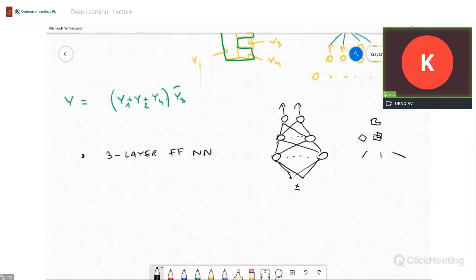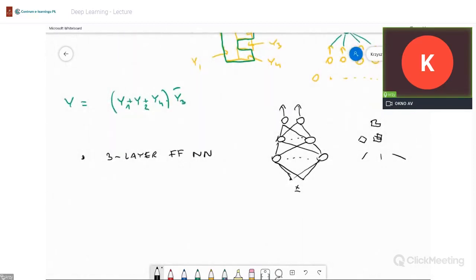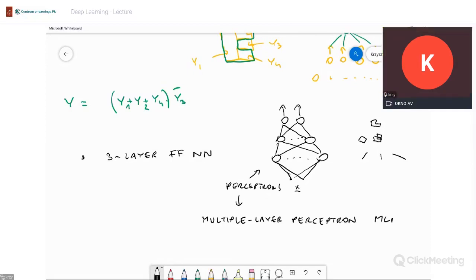And one more thing, just a terminological remark. If these neurons are perceptrons, then a name for this structure is a multiple layer perceptron, or MLP.